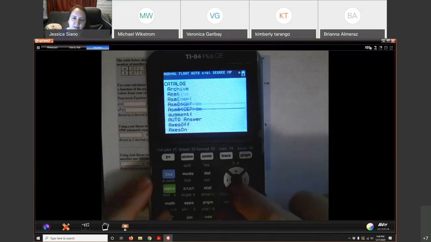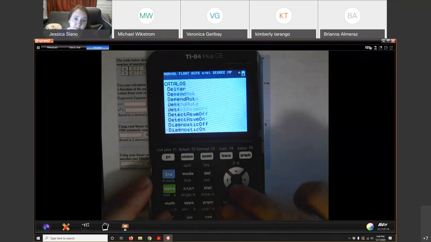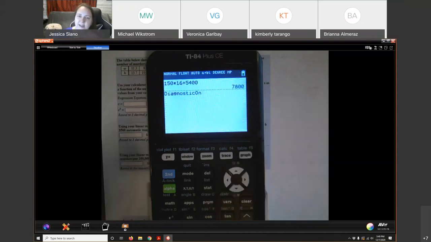It's going to be a little ways down to get to diagnostics on. I'm almost there. There we go. So if you press enter on diagnostics on and then enter one more time, if your R values were not showing up before, they will show up now.